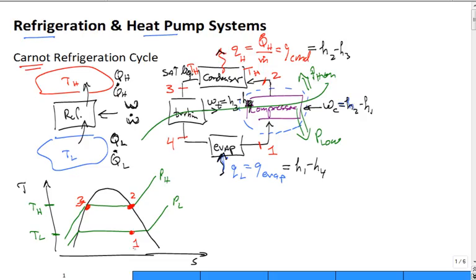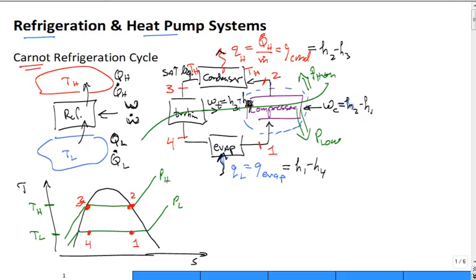So it's a little funny because we think first about fixing where state 2 and 3 are on our temperature entropy diagram, and then that tells us where 1 and 4 are. Guess where 1 is? Directly below 2. Guess where 4 is? Directly below 3.